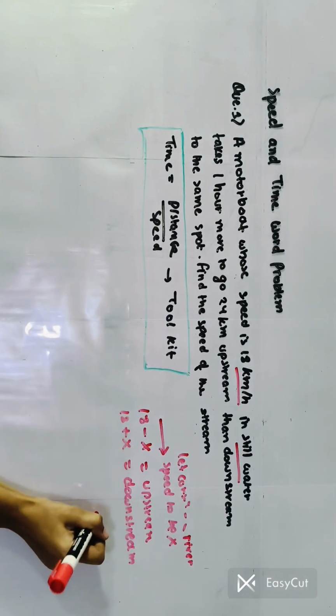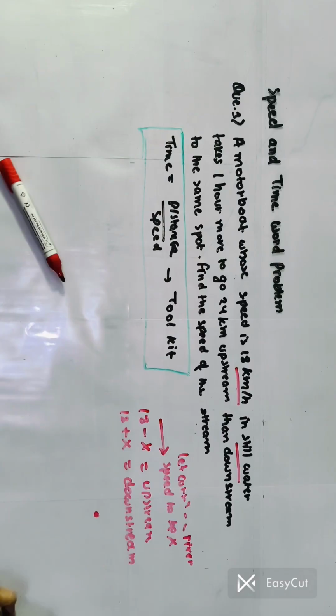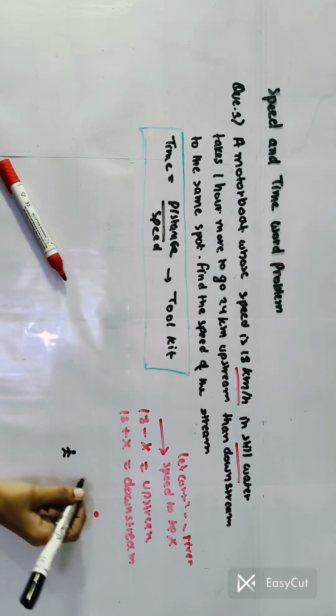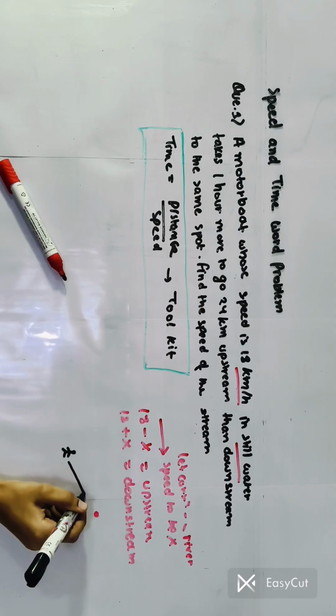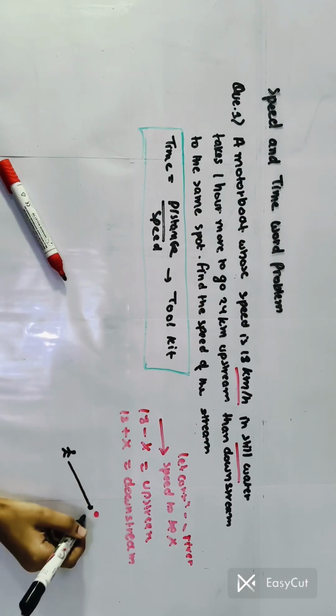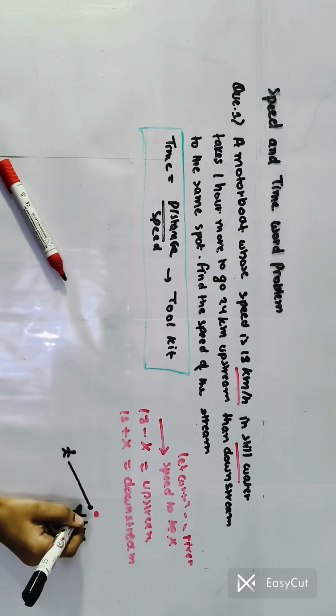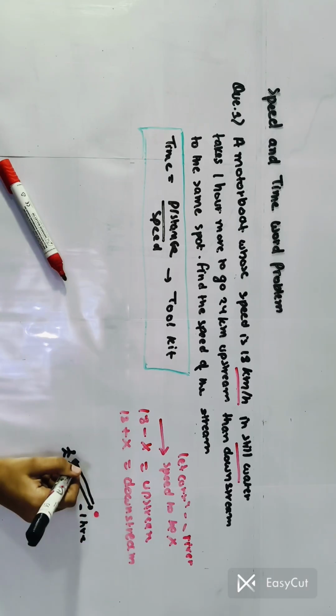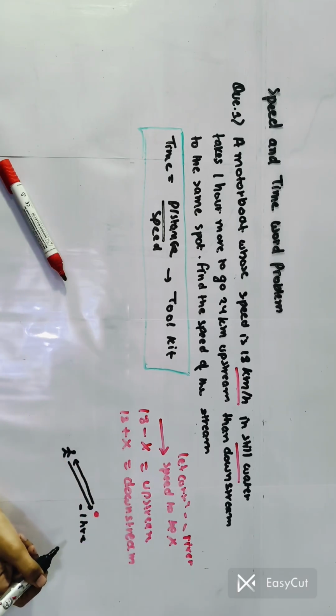Means here is a spot and we have to go up right now. And when we go and go and go, we realize we wasted 1 hour, and when we come back, we realize it took us 1 hour less.